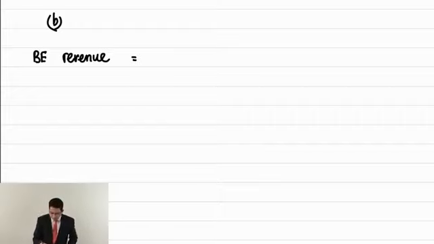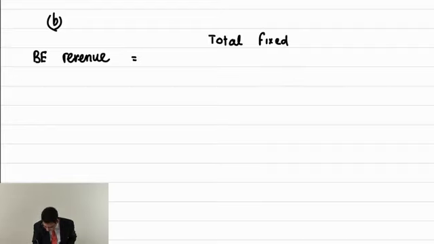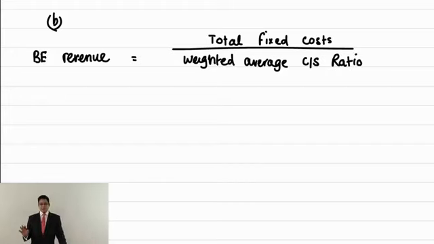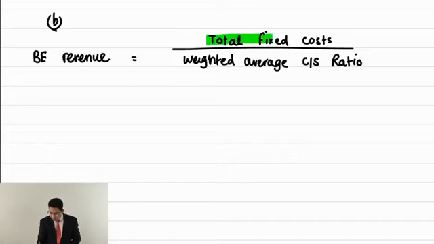Break-even revenue equals total fixed costs divided by weighted average CS ratio. Is this okay? Let's do things one by one. First of all, let's have a look at the numerator, which is total fixed costs.